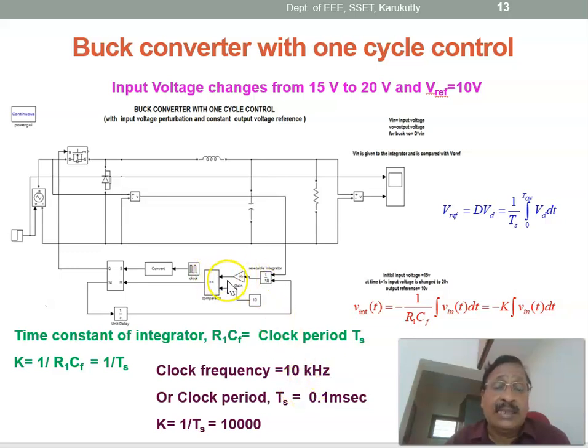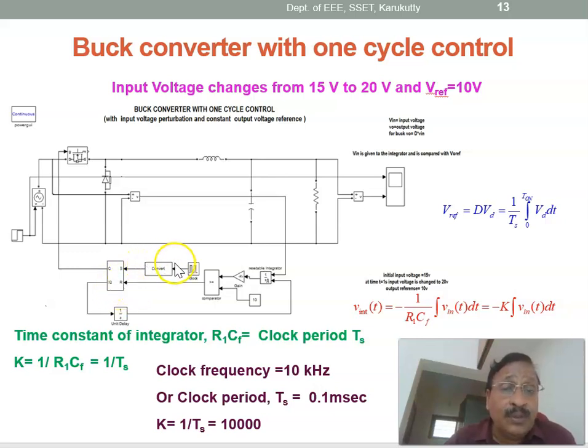That is given as an input to the positive input of the comparator. To the negative input, we are giving the reference signal, which we are selecting as 10 volts. The comparator output is given as an input to the reset pin of the SR flip-flop.